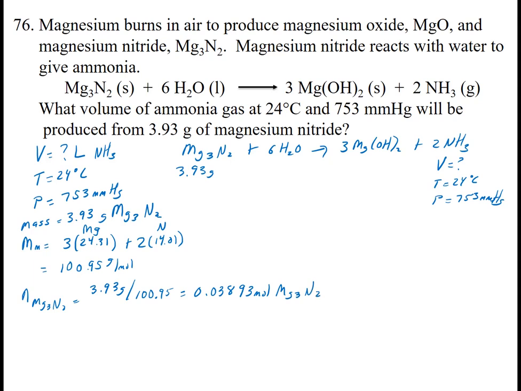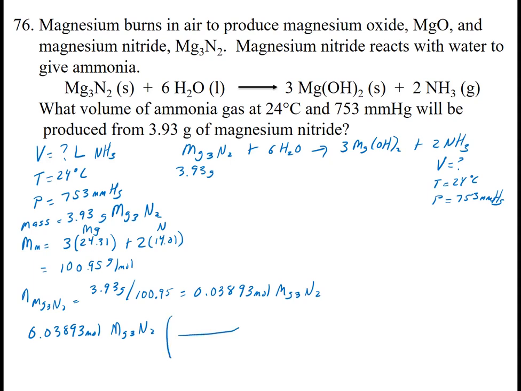Now that I have moles of this, I can relate using the balanced equation to moles of NH3, or ammonia. So I have 0.03893 moles of Mg3N2.